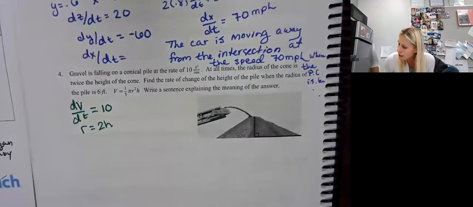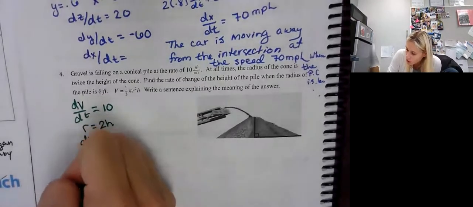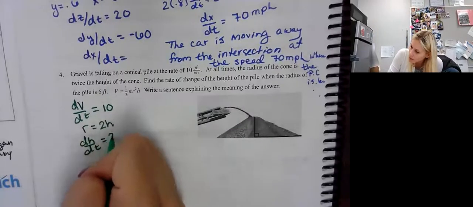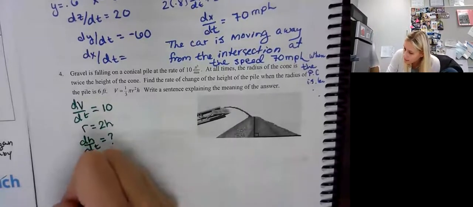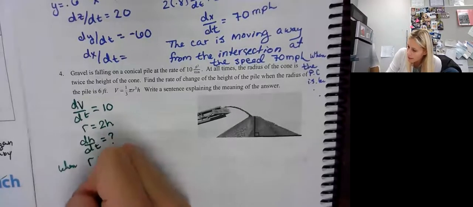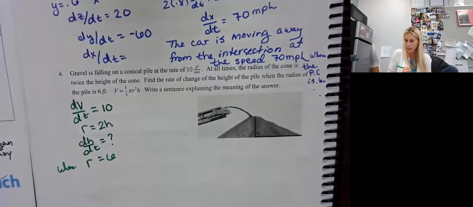Find the rate of change of the height of the pile. So we're finding dh/dt when the radius is 6.